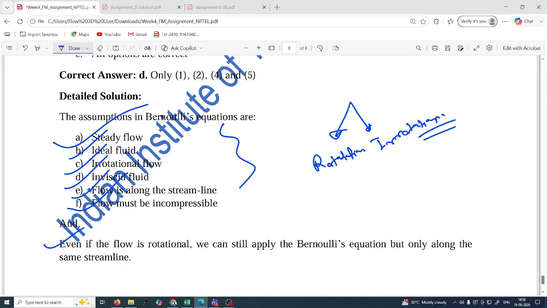If you have rotational flow, you can apply Bernoulli equation along a streamline only. But if it is irrotational, you can apply anywhere in the flow domain, from here to here. No need to think much about the streamline, you can apply anywhere. But if you have rotational flow, you have to go with the streamline only. So this is another concept.